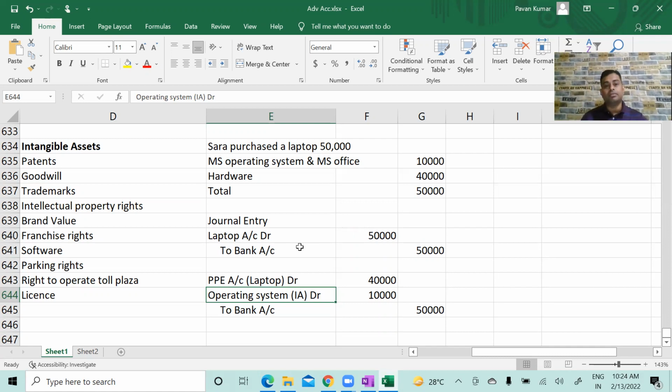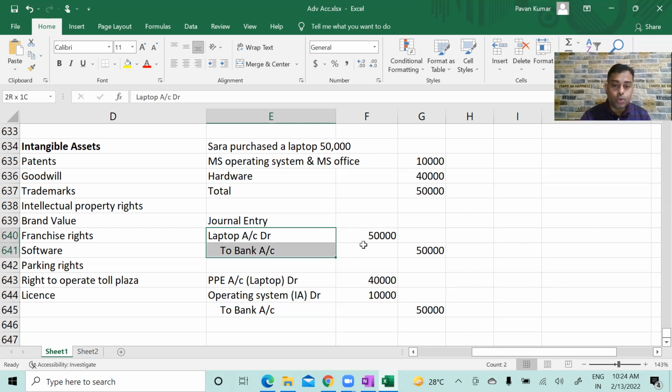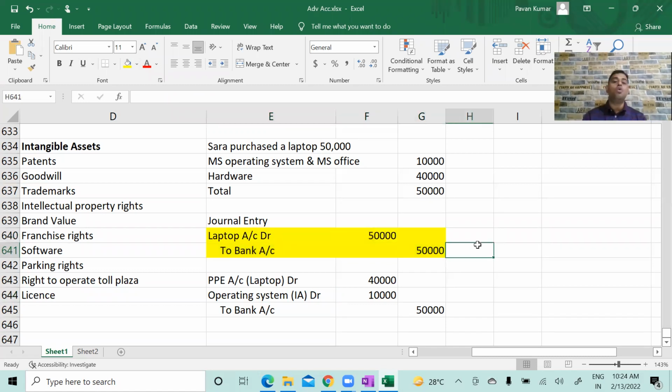Yes. Correct. So you have to post journal entry 1 only, not 2. When you buy a mobile, when you buy a computer, though there is an element of software or operating system or intangible asset in it, you cannot recognize intangible asset like that.